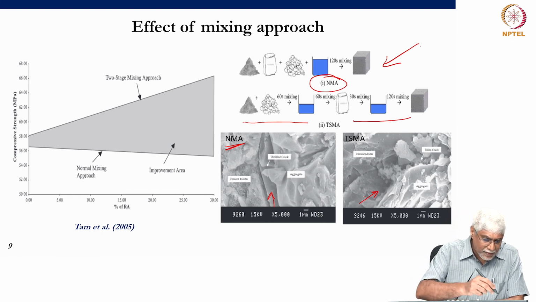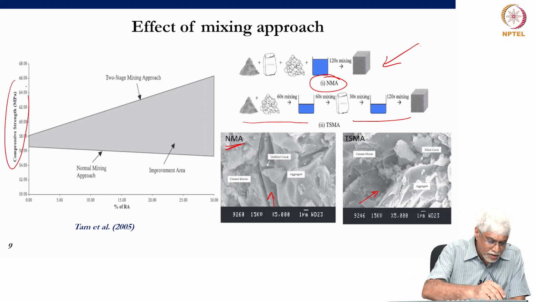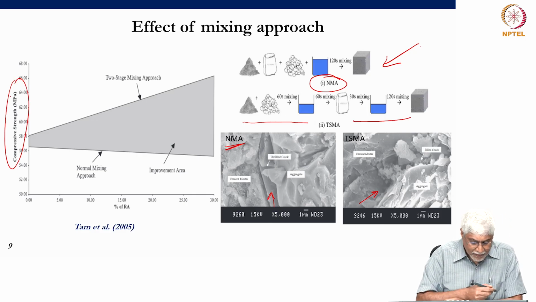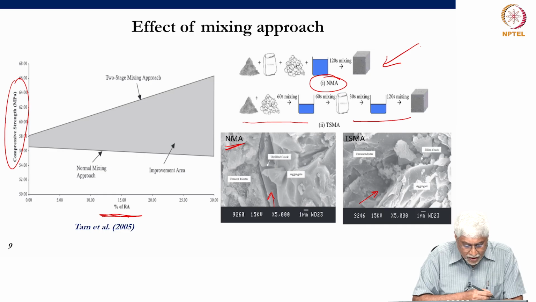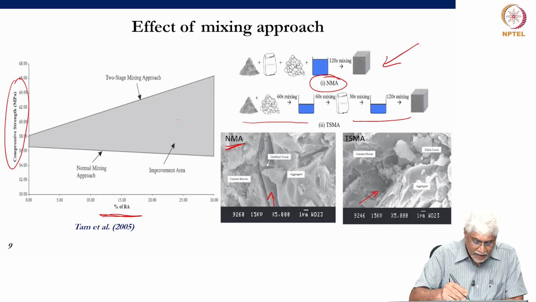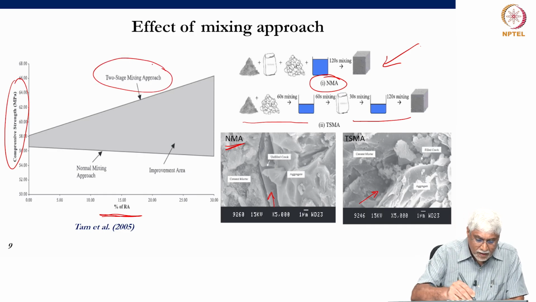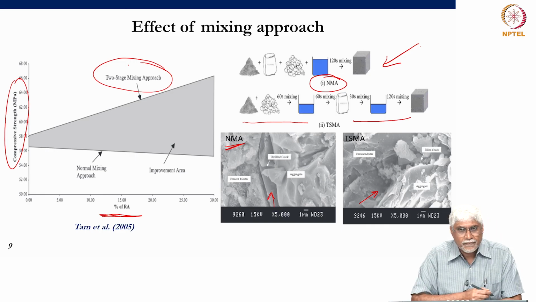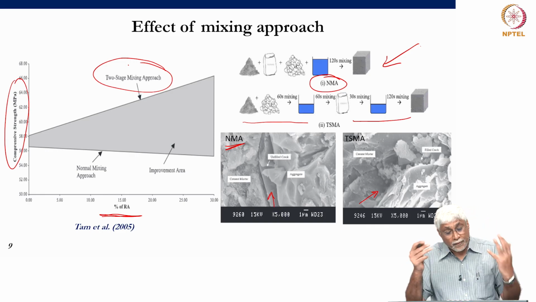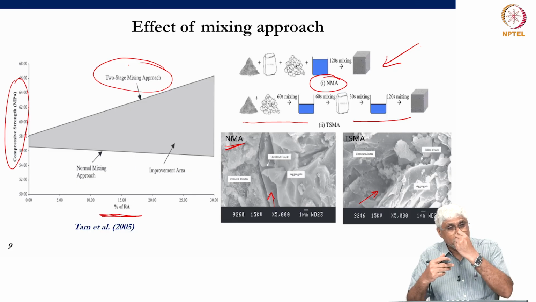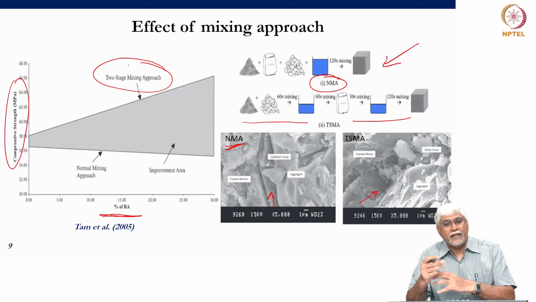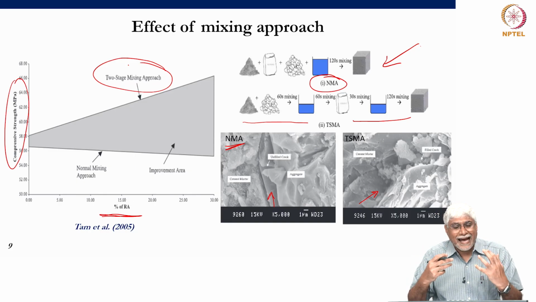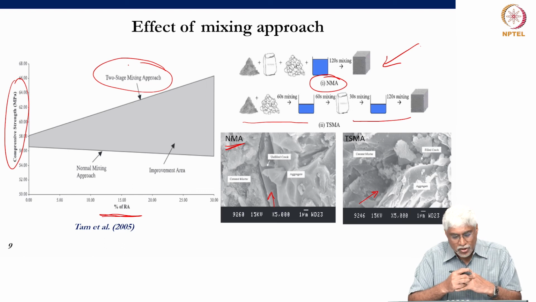And on the left, we see an idealization of how compressive strength as a function of the recycled aggregates used in the concrete could be improved with two-stage mixing. So again, two-stage mixing would take more time, but it will give us better quality because you allow the aggregates to absorb water before the cement is added into the mixture.